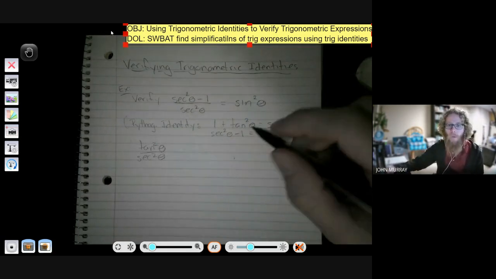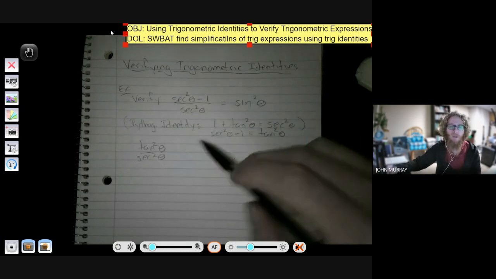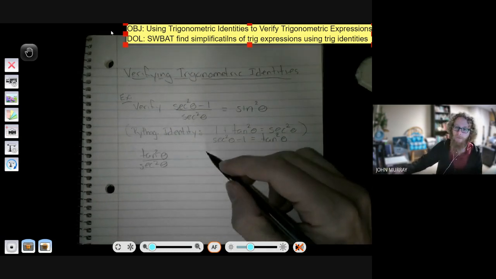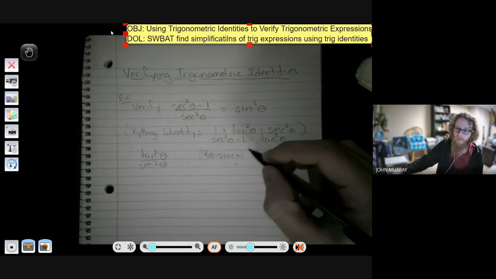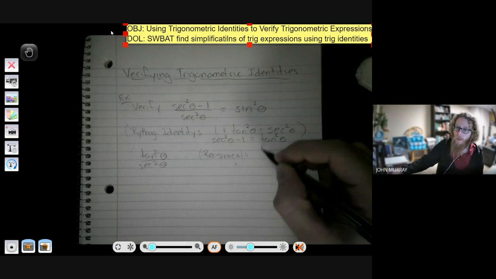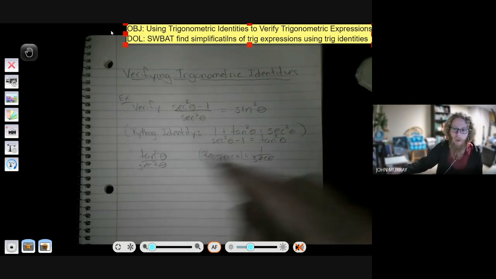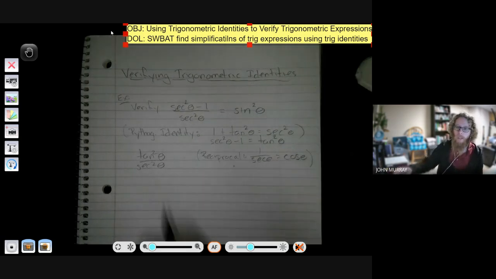All right, so now what can we do with this? I have tangent squared over secant squared. Well, secant is one of our reciprocal functions. So I know that 1 over secant, right, because secant's in the denominator here, 1 over secant is equal to cosine.